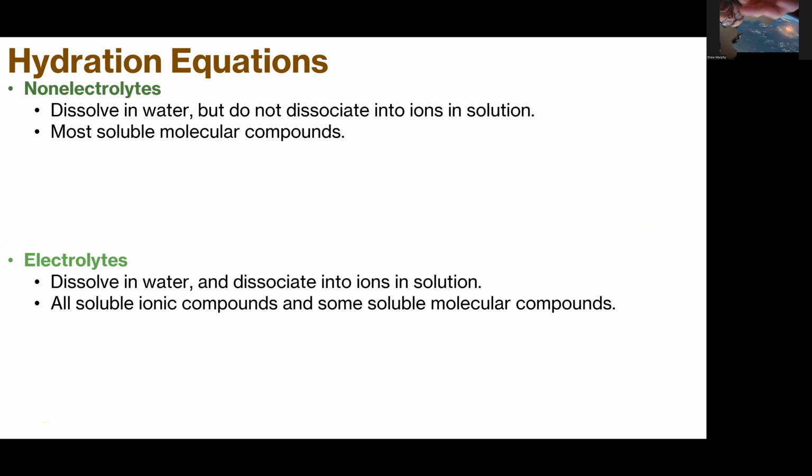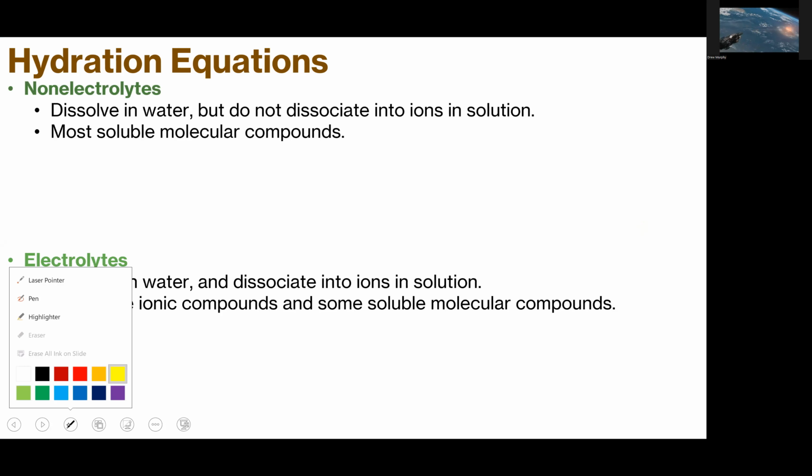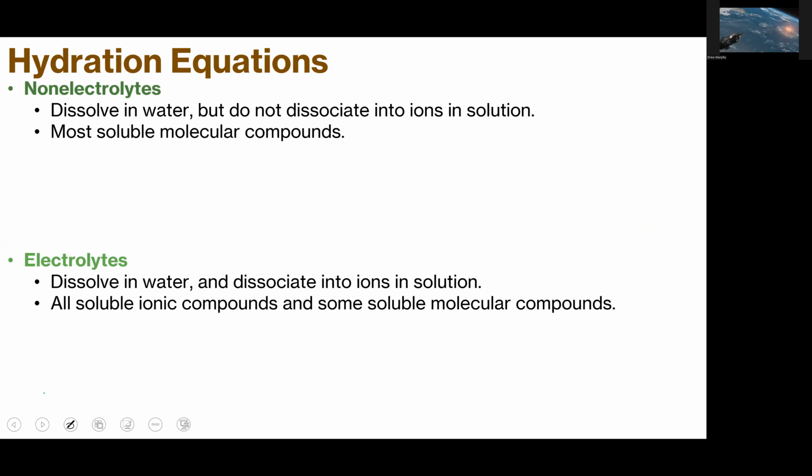We'll come back to this and talk about hydration in a little bit more detail later on too. Non-electrolytes dissolve in water, but do not dissociate into ions in solution. And this will be most things that are soluble molecular compounds, things like sucrose, C12H22O11, solid, dissolves in water, right?